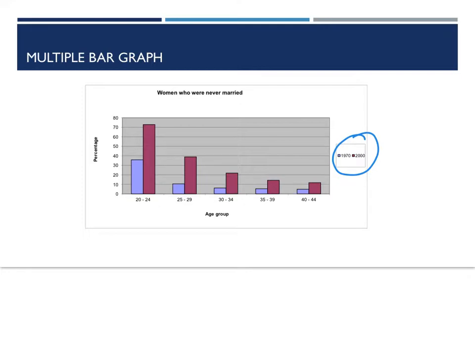However, when you're displaying more than one set of data and comparing it on a graph, that's the only time that a legend is proper. And here we're comparing the blue bars stand for 1970 to 2000, so having them side by side, we have to identify which one is which, and a legend, like I said, is appropriate.